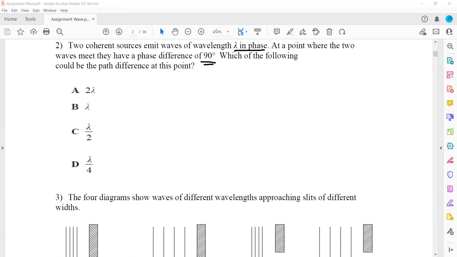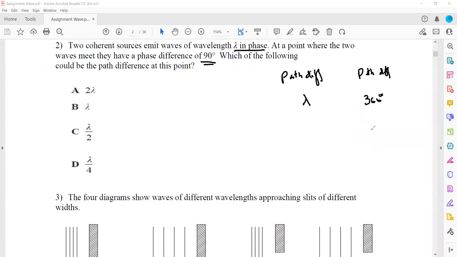So the relation between phase difference and path difference: if the path difference is one complete wavelength, lambda, the phase difference is equal to 2 pi radian, or we can also say 360 degrees, because 2 pi radian in terms of degrees is 360 degrees.